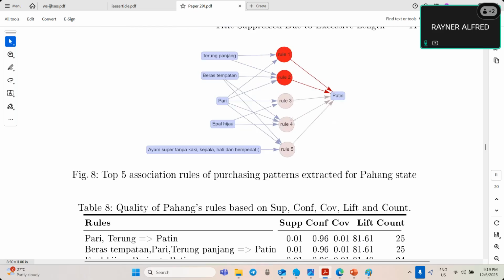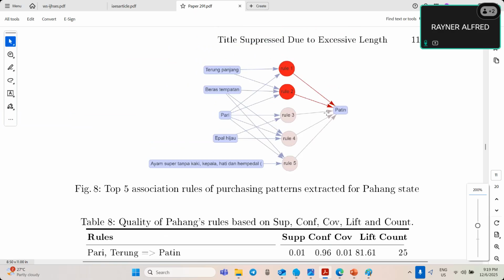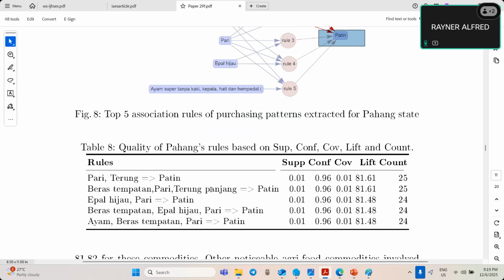So for these rules, let me zoom. So for this one, rule number 1, they have 2 inputs, terung panjang and pari. So if you buy these 2, you have the patin here. Okay, so that is the top rule that we have here.